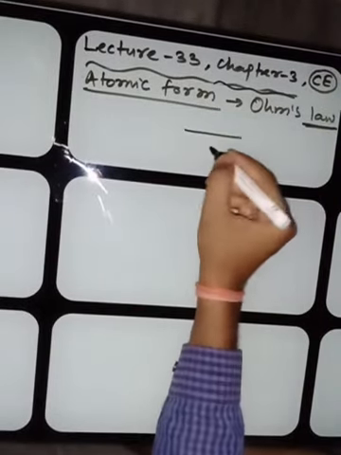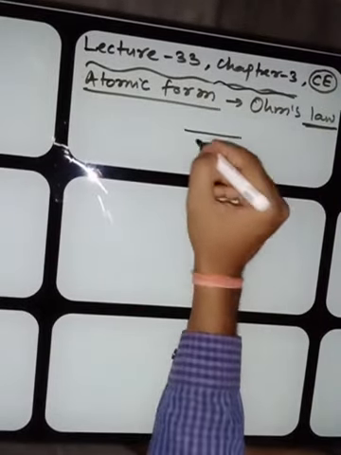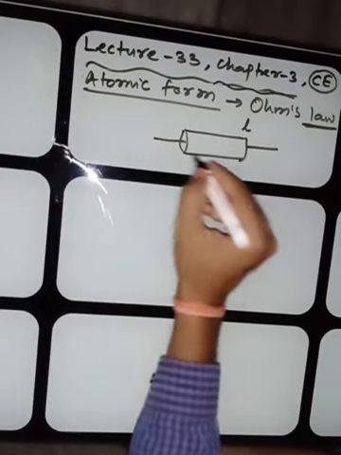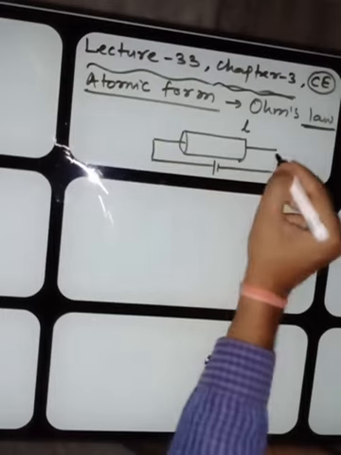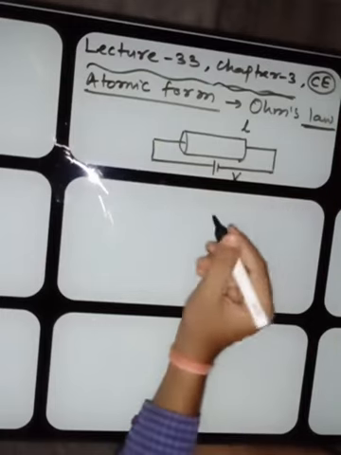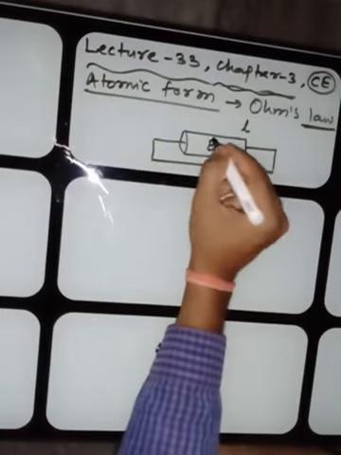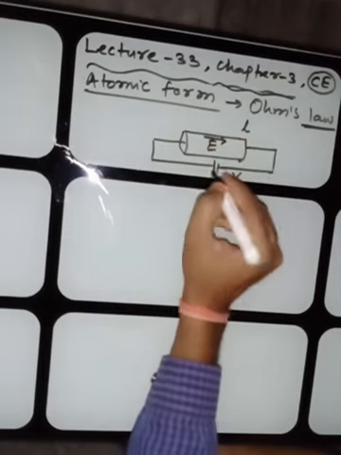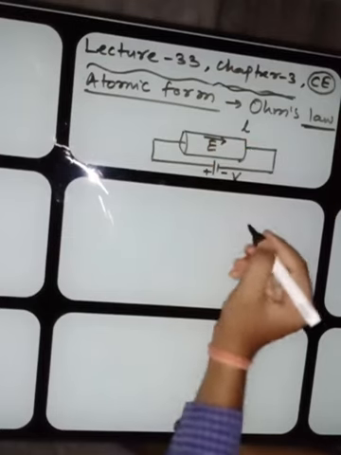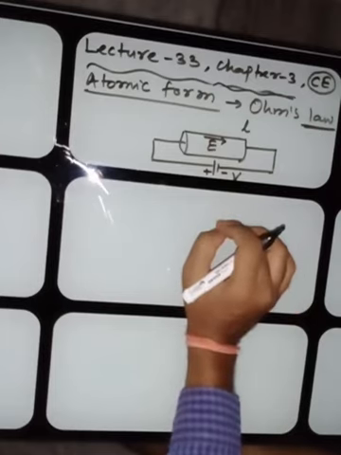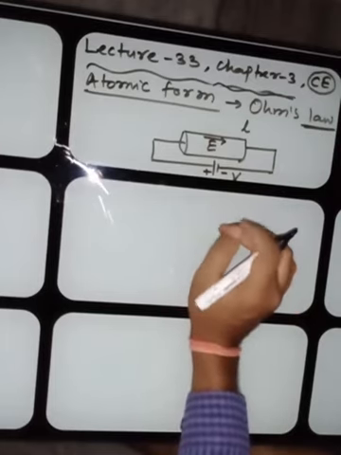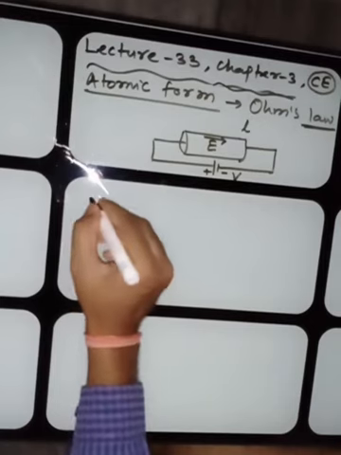Suppose this is a conductor sample. What is the length of the conductor sample? Suppose it is L, and we have maintained this conductor at potential V. This potential will establish an electric field E. Do you remember, my dear student, the potential gradient?